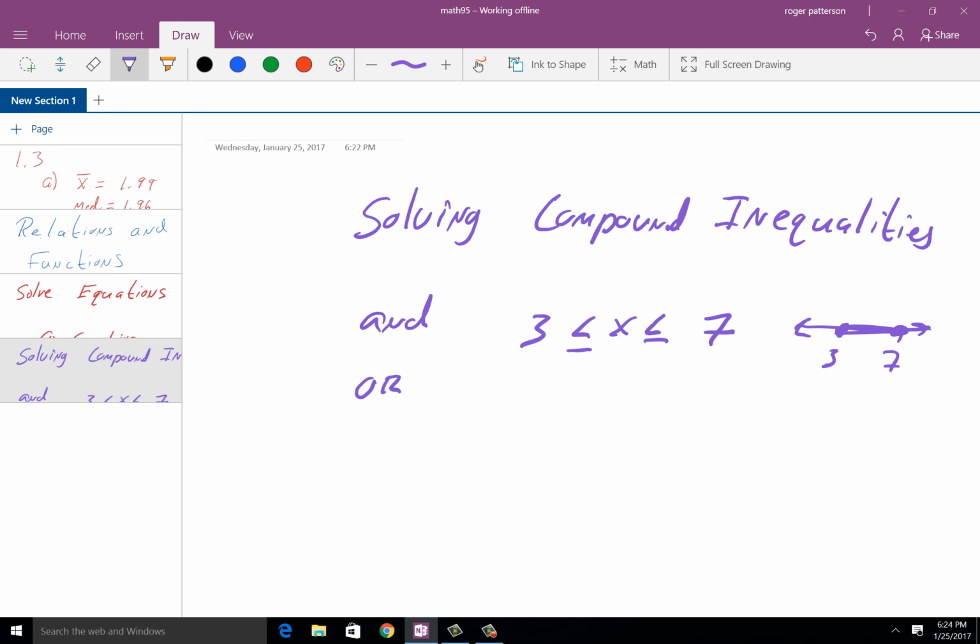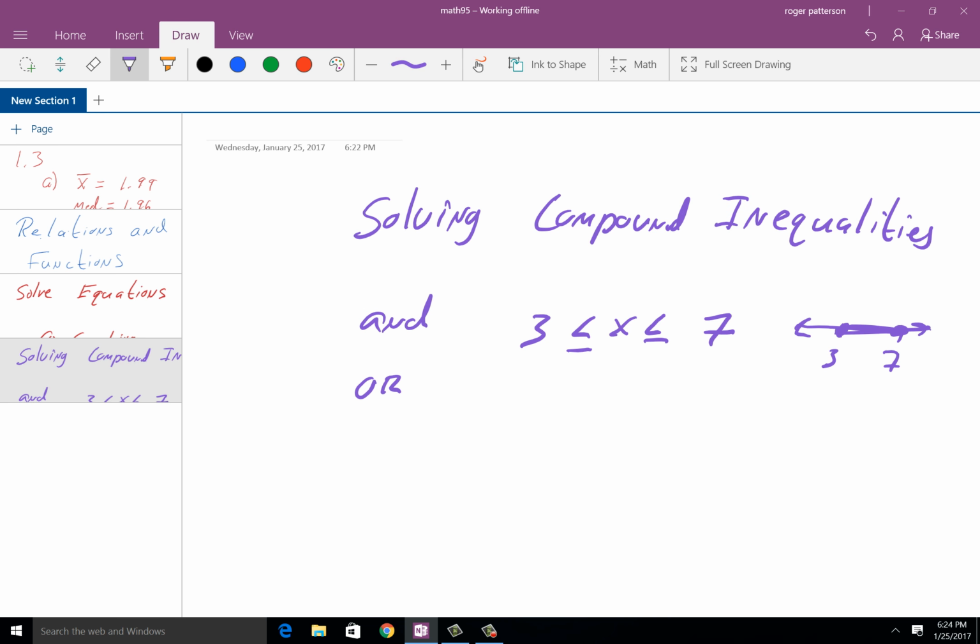What we're looking for is if we divide this into two parts. The first part would be x is greater than or equal to 3, so that would be 3 going this way. This one would be x is less than or equal to 7, so x is going this way. The overlap is the answer.